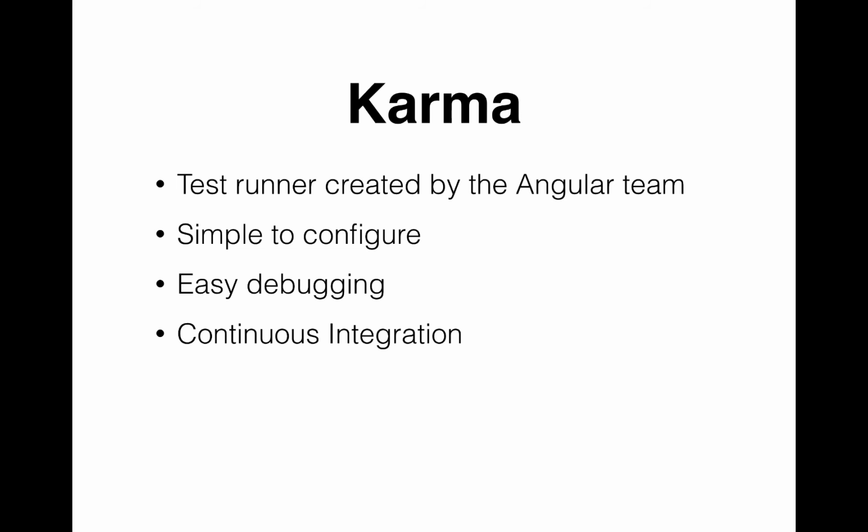Karma is a test runner. This means that it's responsible for reading the test code and running it somewhere. With a simple configuration, you can use Karma to run Jasmine tests in a browser or even in a smartphone. It's possible to debug tests using Chrome DevTools. If you have a continuous integration build, you can integrate it with Karma.